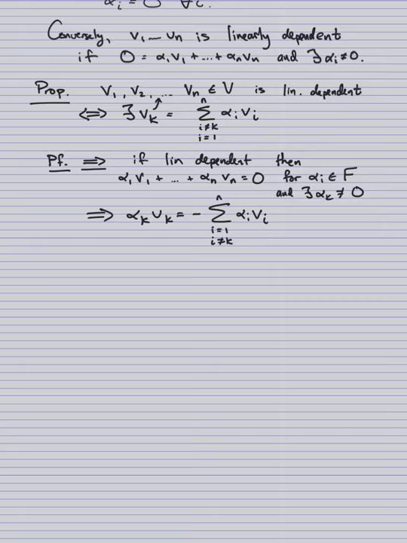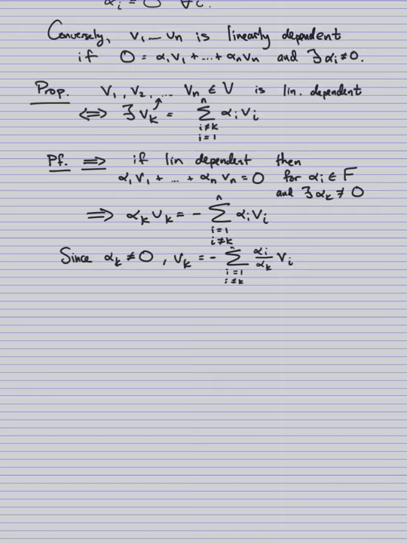And now, since alpha k is non-zero and I'm in a field, I can divide. So I can say v sub k is the negative sum of alpha i over alpha k times v sub i, i not equal to k, up to n.